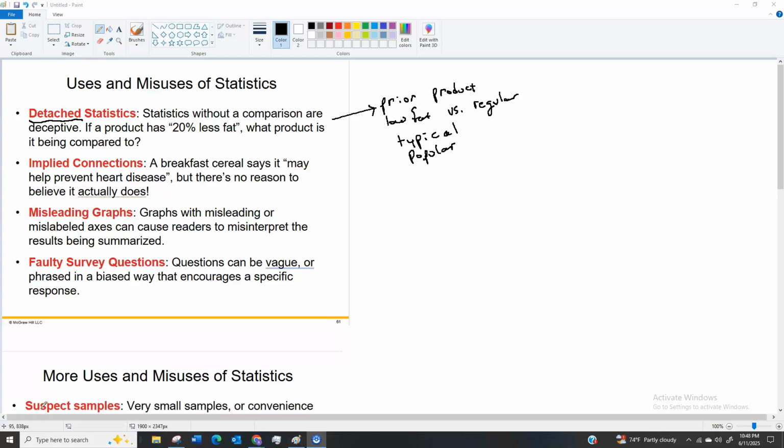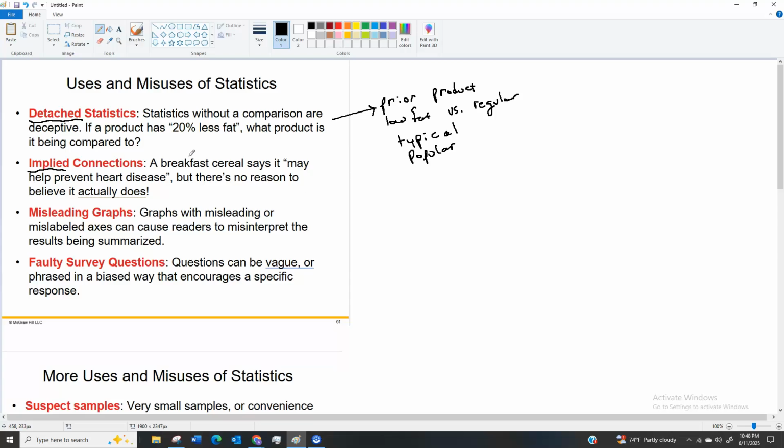And those detached statistics are oftentimes used in advertising. A lot of these misuses of statistics are used in advertising. So implied connections are when you basically insinuate that there's a connection, but you don't really have reason to believe it or any proof of it.